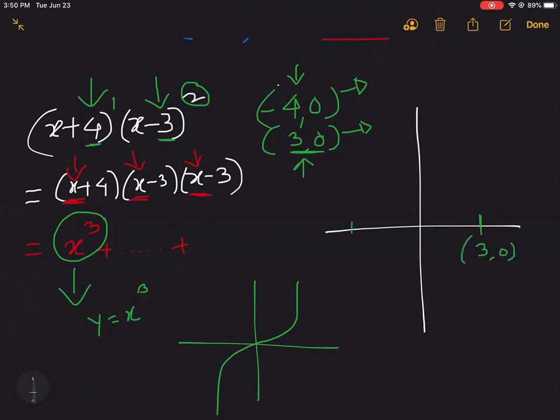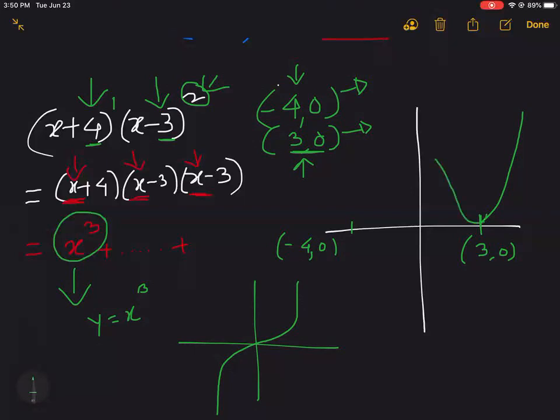It's -4, 0. Let me write it here. So it will come down to this. As I said, it will not cross the x-axis because it has a multiplicity of 2, an even number. So it will touch it and start going upwards.